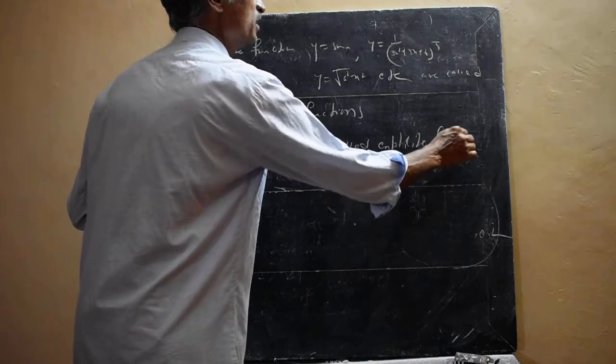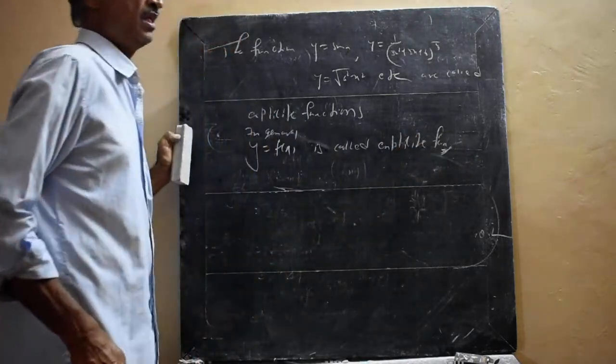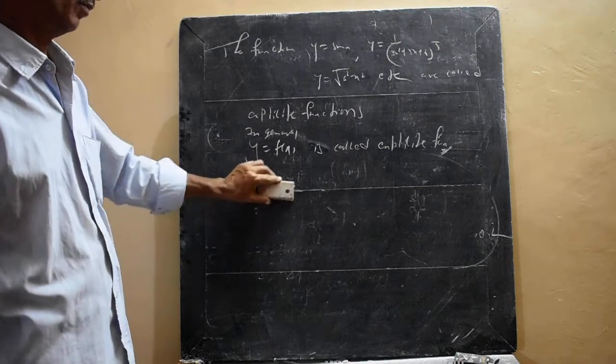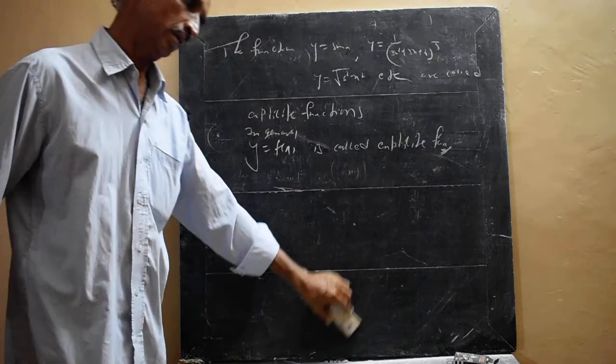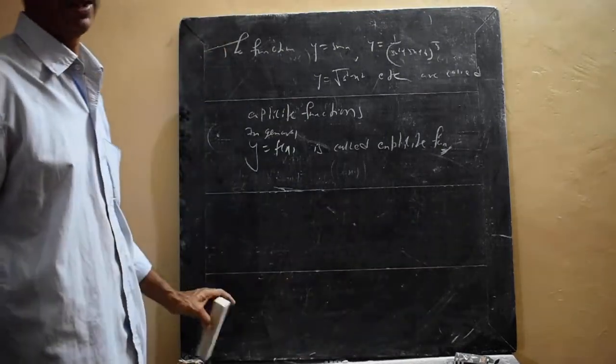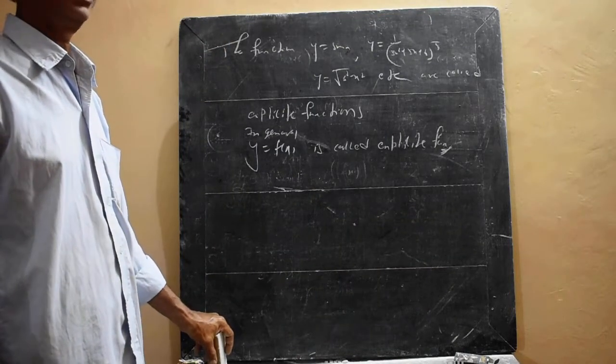In the case of an explicit function, how to get dy by dx? We have discussed it just now in four or five simple problems. Later on, some difficult explicit functions we will consider.